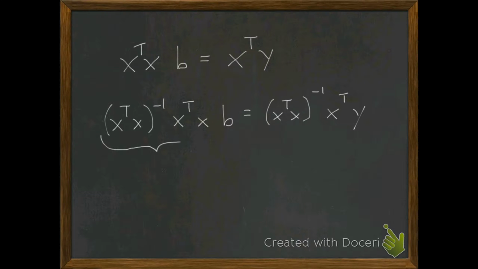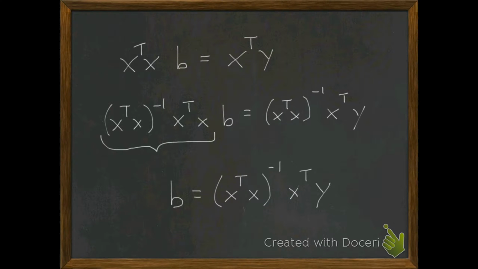And of course this just gives us beta. And another way of calculating beta is to take the product of x transpose x inverse times x transpose times y. Now I want to provide a proof of this. You've seen this before, but I'm going to go into more detail.